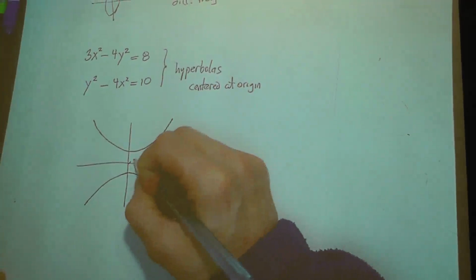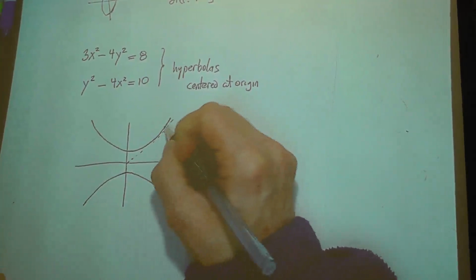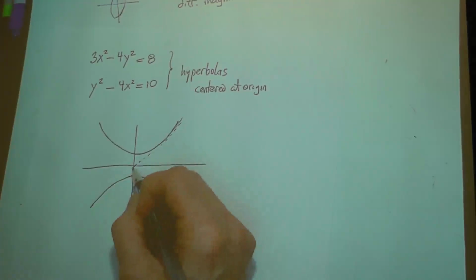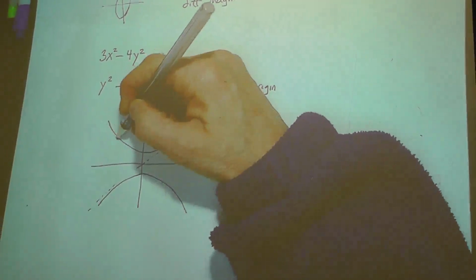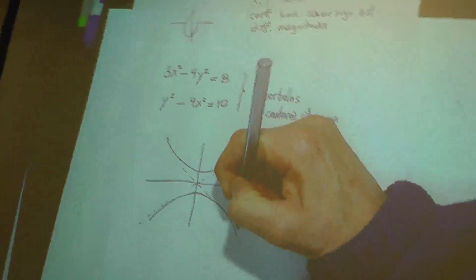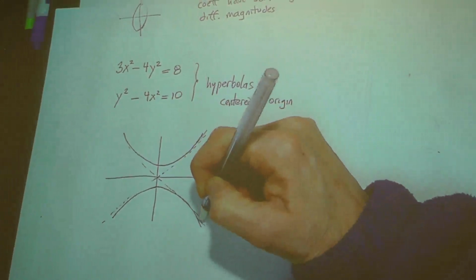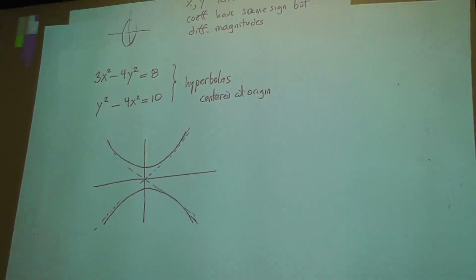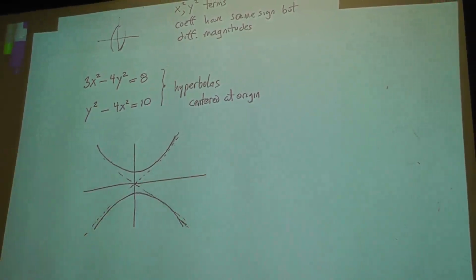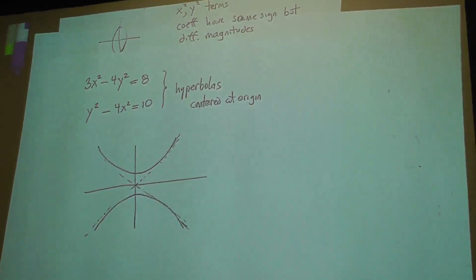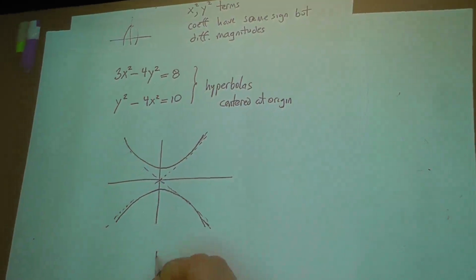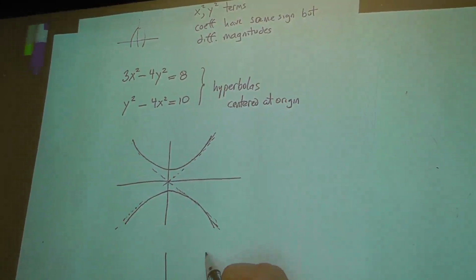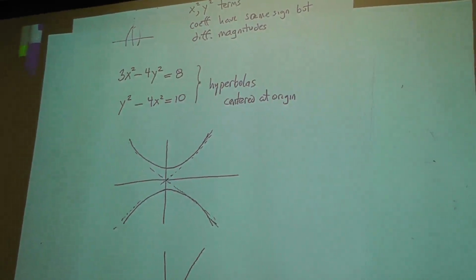There are asymptotic lines that go through the origin that kind of govern the rate at which these things go out. Sometimes they're oriented up and down like this. Sometimes they go like this.